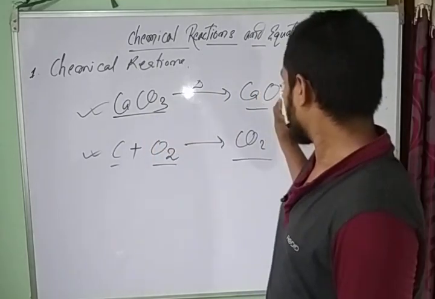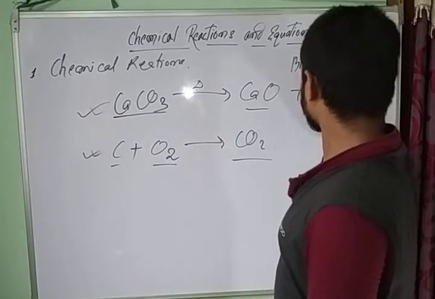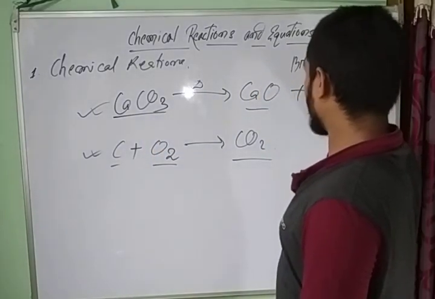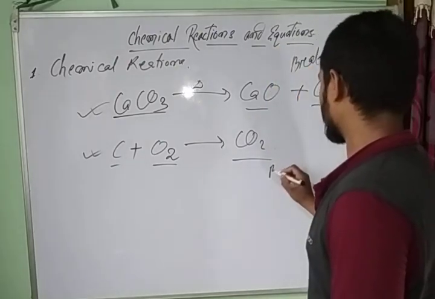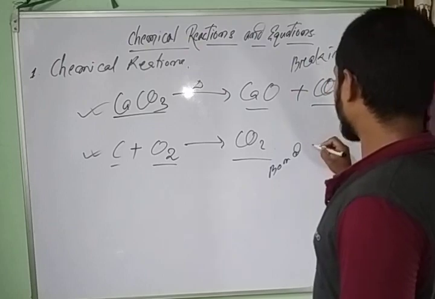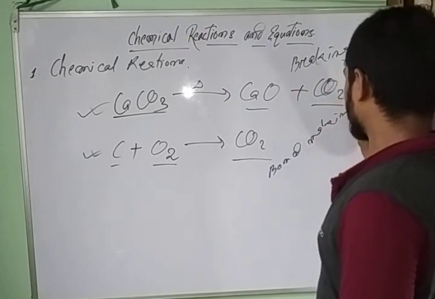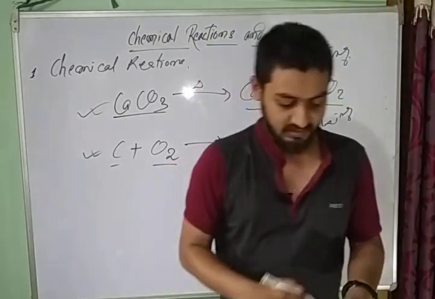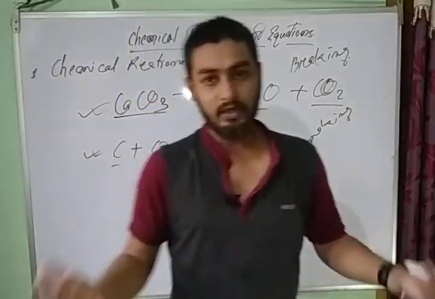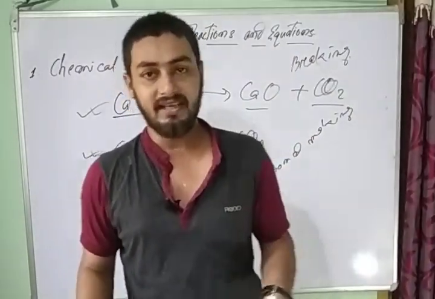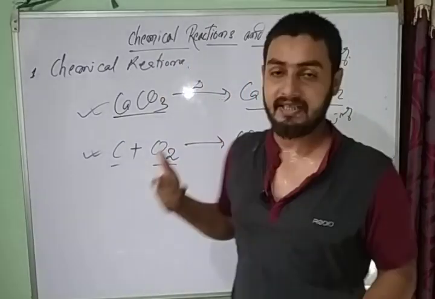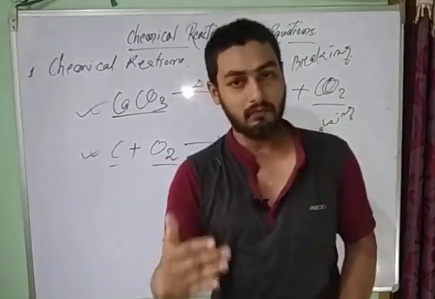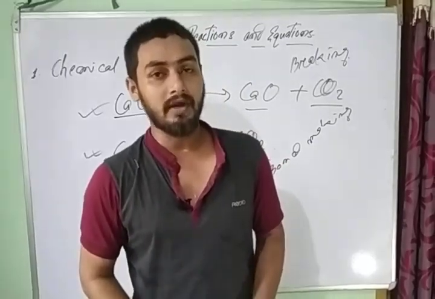In this example, bond breaking occurs, and in this case bond making or bond formation. So a chemical reaction is the process in which one set of chemical substances transforms into another set of chemical substances either by means of bond breaking or by means of bond formation.